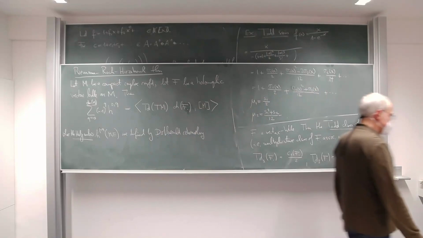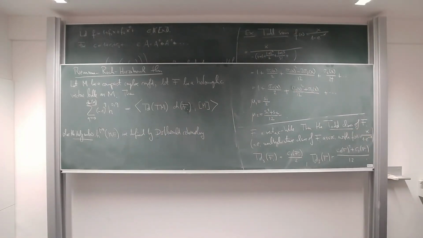You can think of this as a complex variation on the Gauss-Bonnet theorem. The Gauss-Bonnet theorem computes the Euler number of a manifold by some curvature terms, and we will see how to interpret this in terms of characteristic classes later. And that's something where these classes pop up.